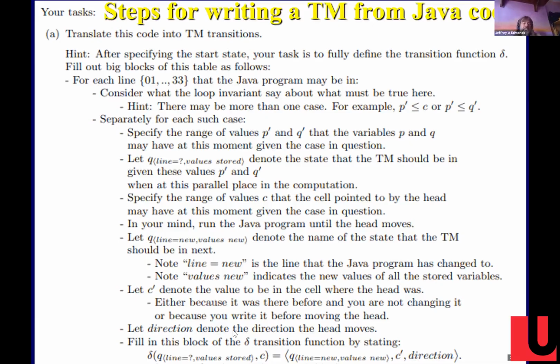If you're reading, say, C, then you write C and you don't change the value. Another option is you have a new value. The Java code tells you to write some value into the tape. And if you're writing some value into the tape, then we need to know what is the value I'm writing into the tape. And here you write that value into the tape.